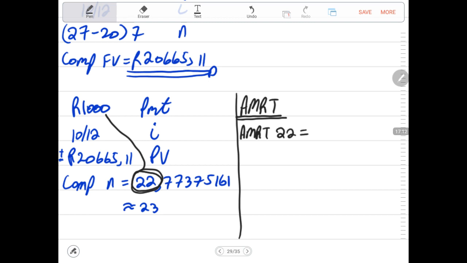Then we say 8 and enter. Now it says amount P2 is equal to 8. Then we scroll down, and it will give us the balance after the 19th withdrawal.